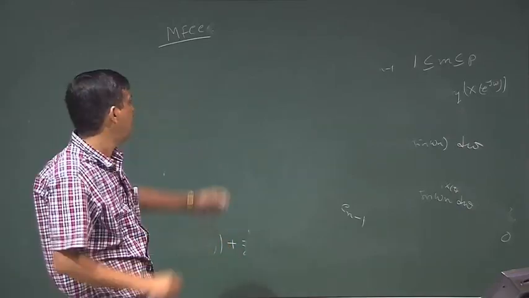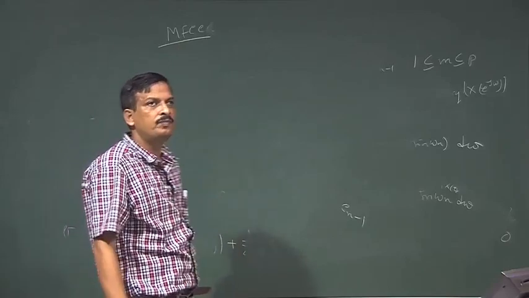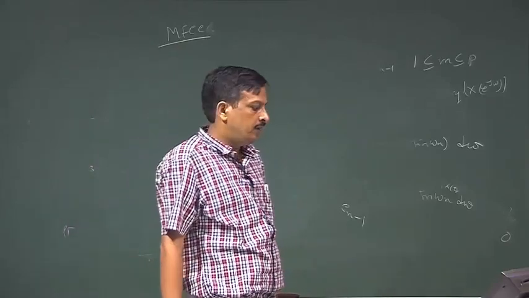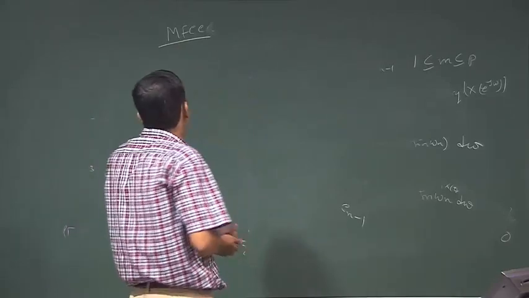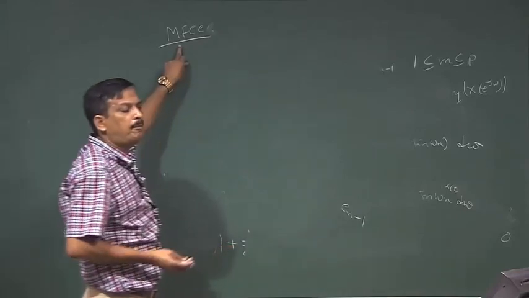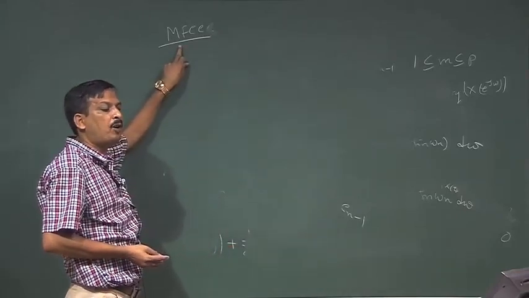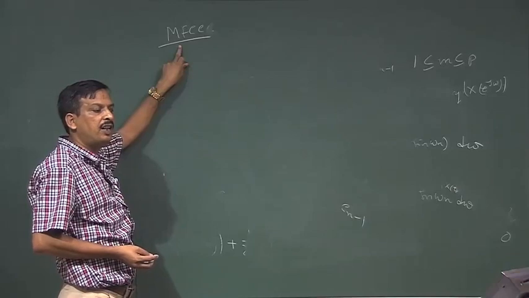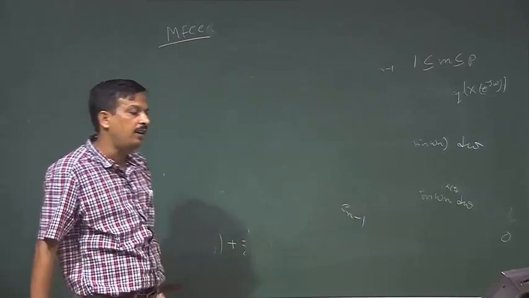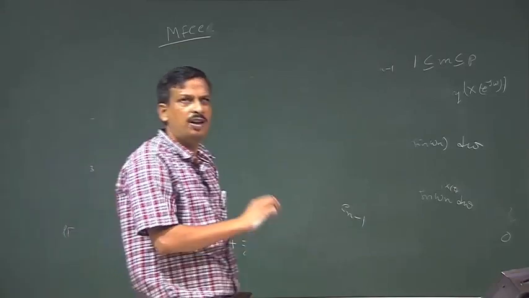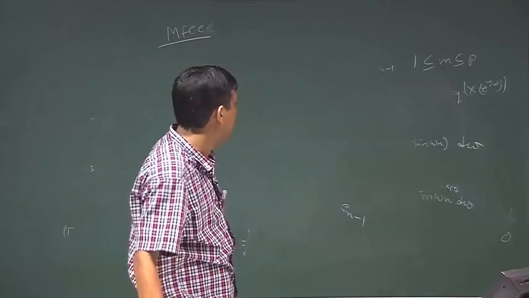Most of the cases MFCC is used. So, there are three simple steps in MFCC computation: compute the FFT power spectrum of the speech signal, apply the Mel filter bank, and then compute DCT. I will come to why these steps are required.